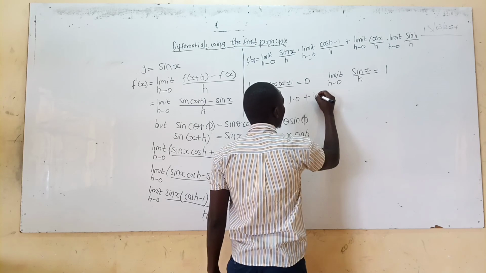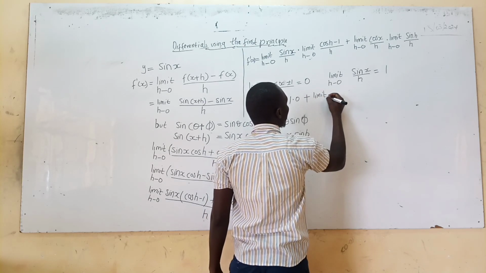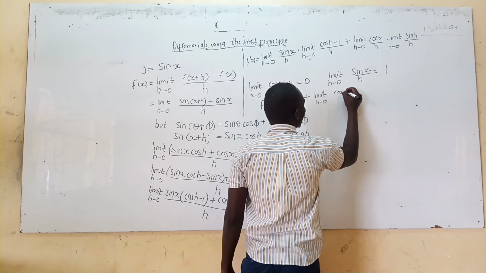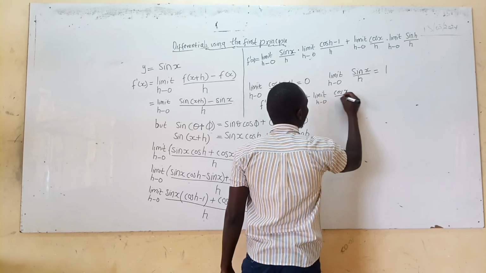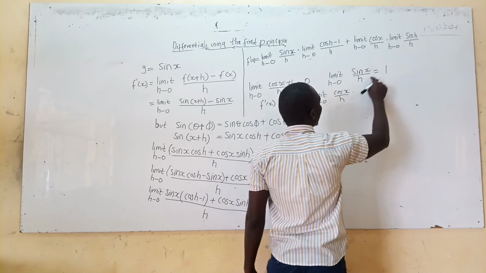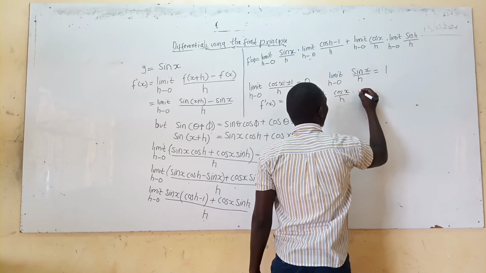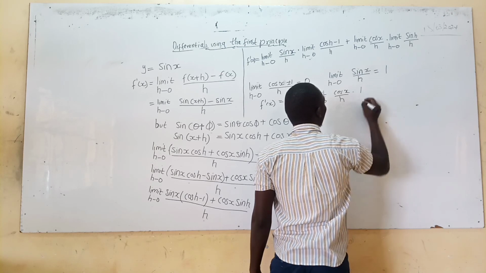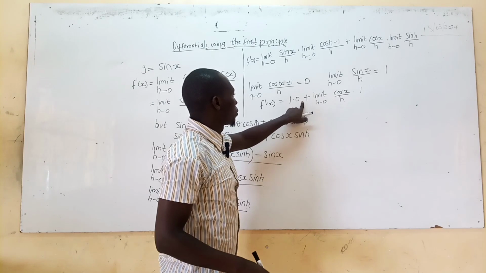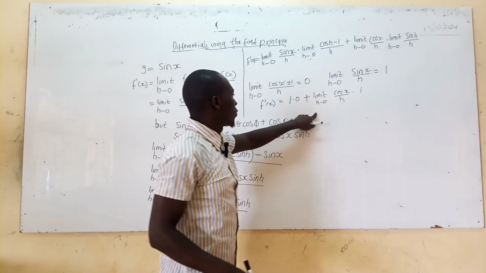So we're going to have the limit as h approaches 0 of cos x multiplied by this one, which is equal to 1. So here we are going to have 0, here we are going to have 1.